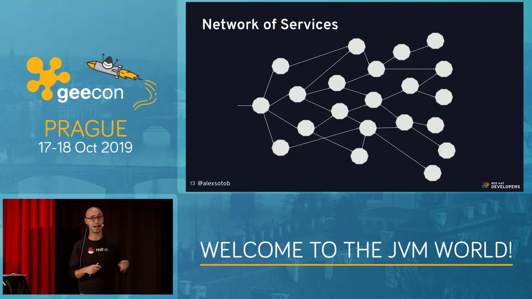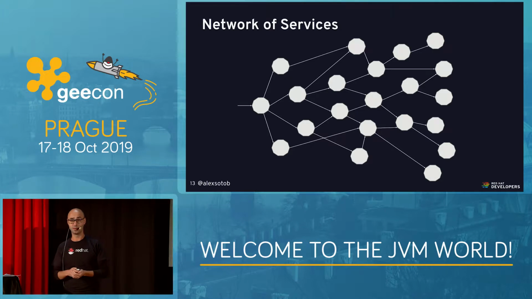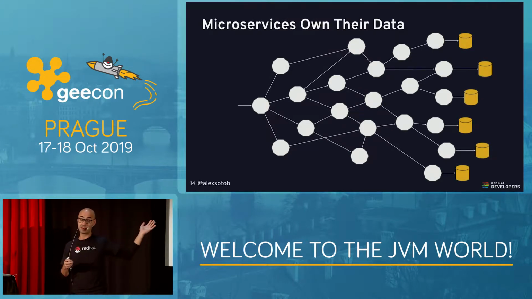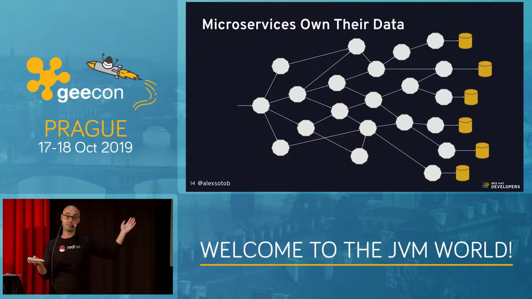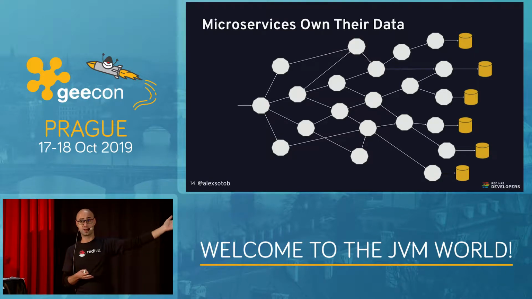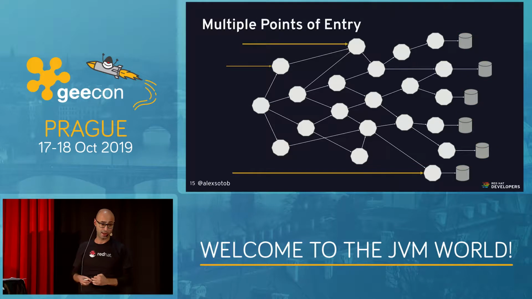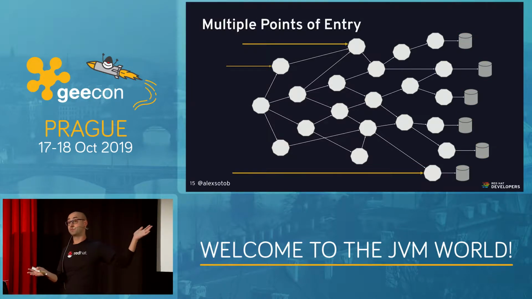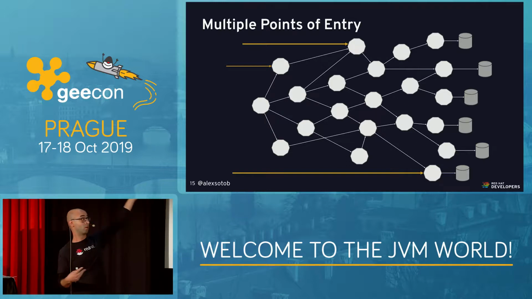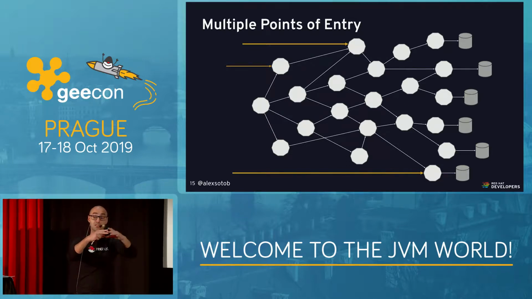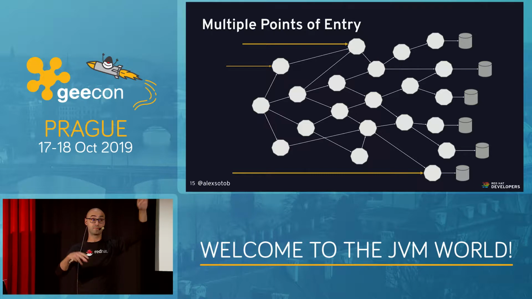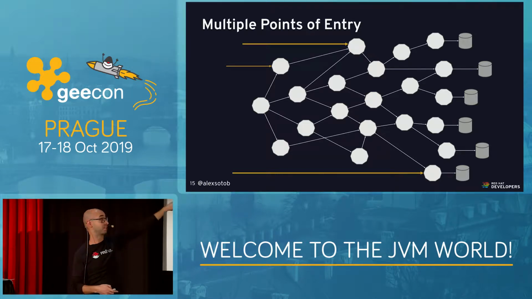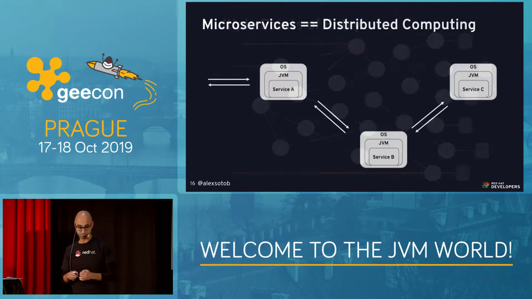And you can see that now things are becoming more and more interesting. Of course, each microservice has its own database. Some have databases, others not. And also different or multiple points of entry. There is not only one point of entry to a service, but for example, if you are an administrator, you can enter any part of this microservice.